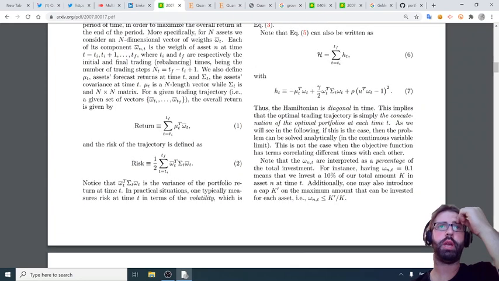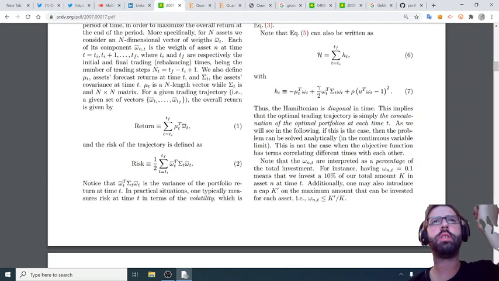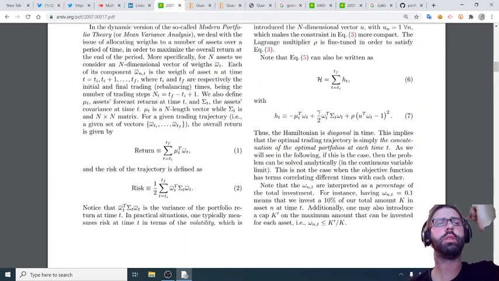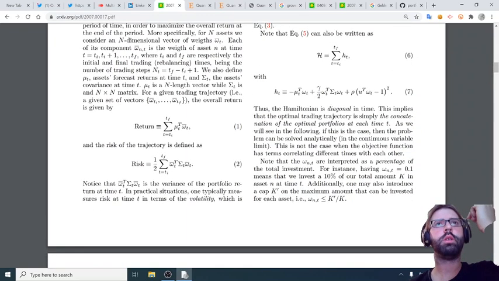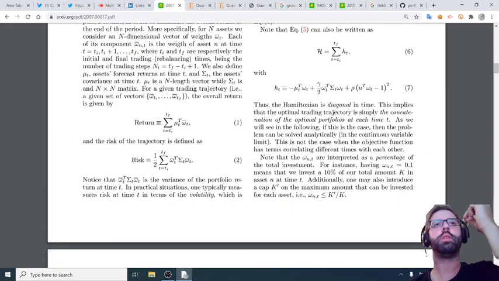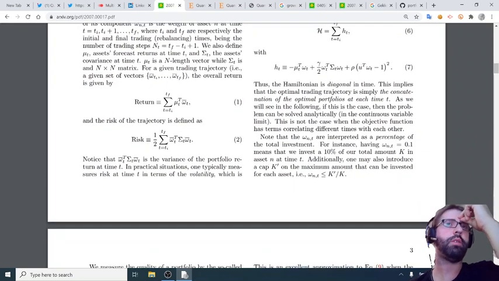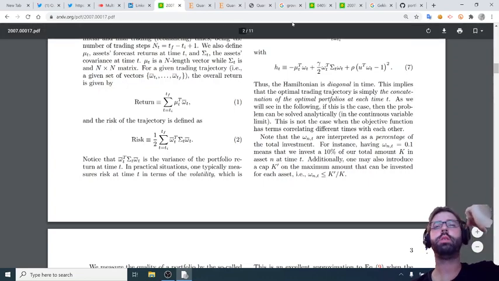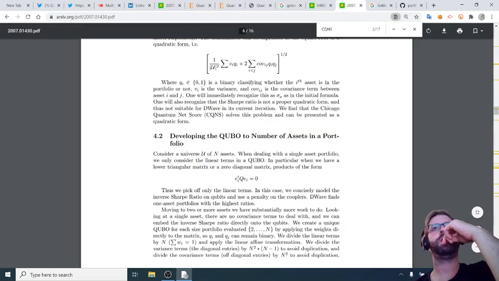They multiply the investment by this, which was the covariance. So it is actually covariance, but it's half of the covariance. So here they use the covariance as well.